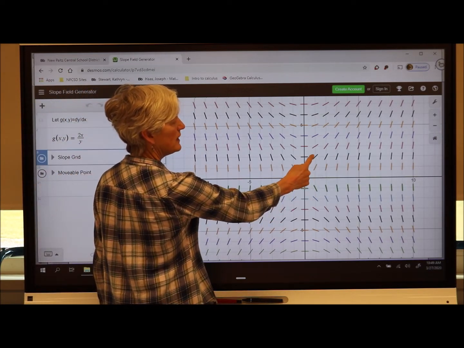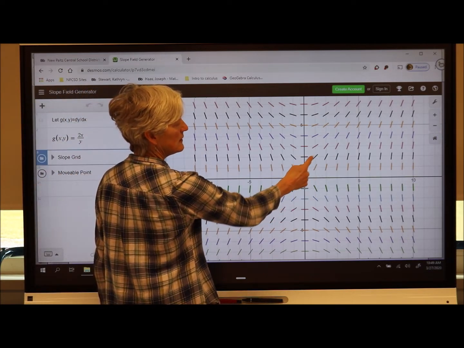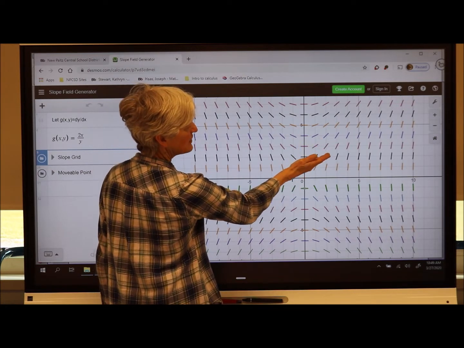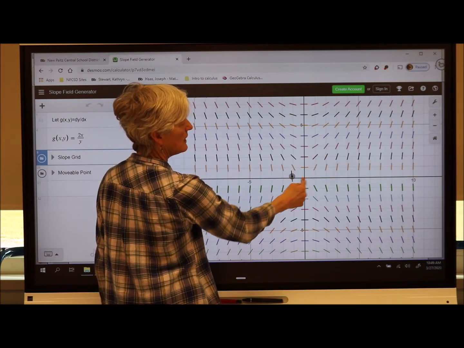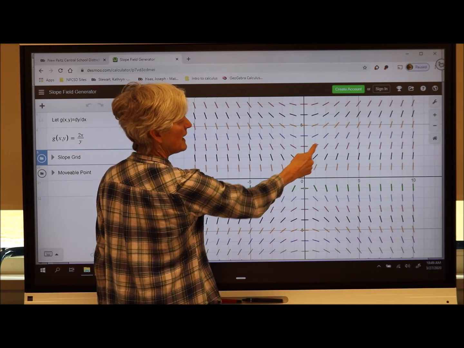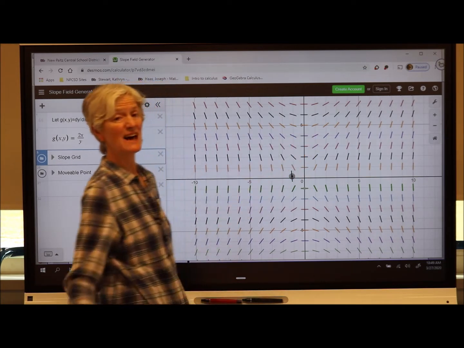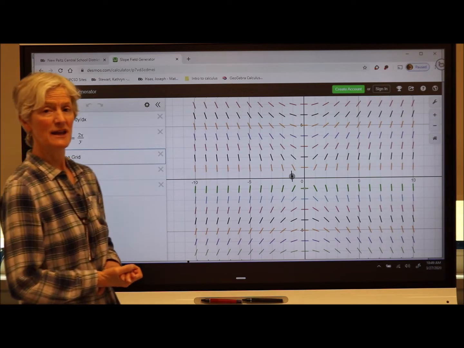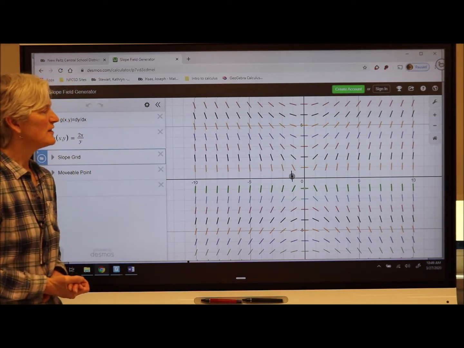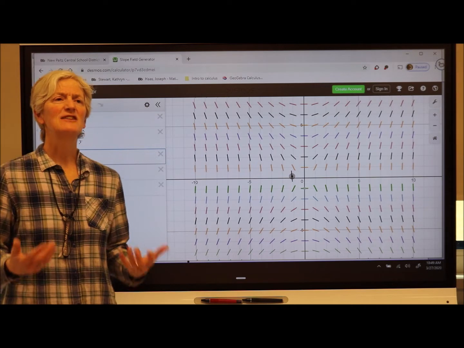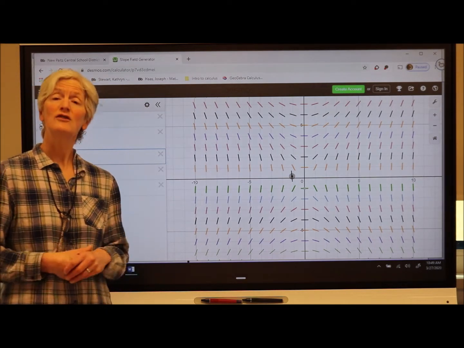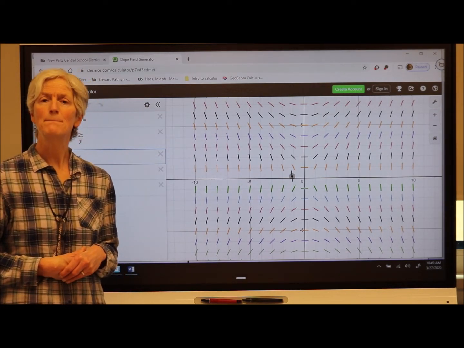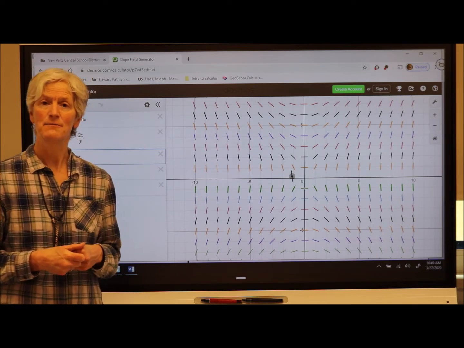At the point (1, 2), that slope looks a little less steep. Maybe that is a slope of 1. At the point (1, 3), that slope looks a little less steep. So if you kind of cross your eyes a little bit, you can use these slope fields to get a sense of what the solution to a differential equation might look like.